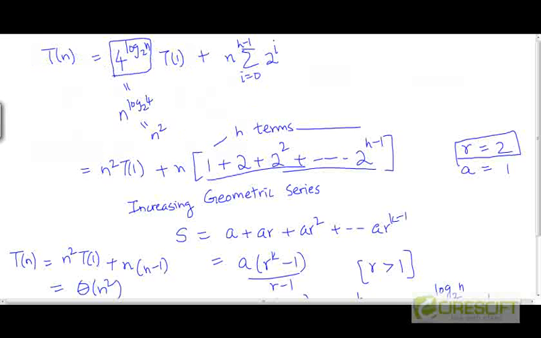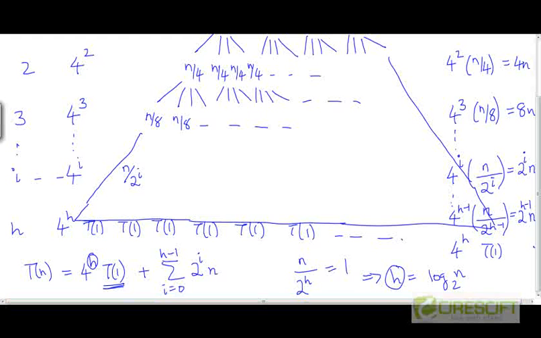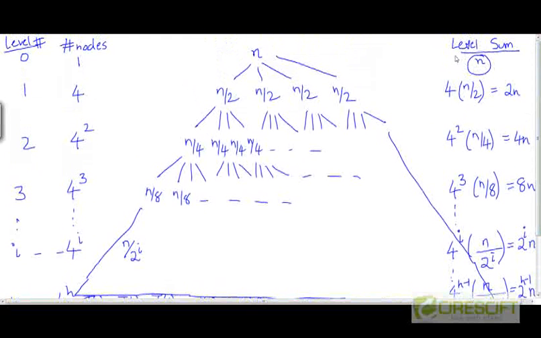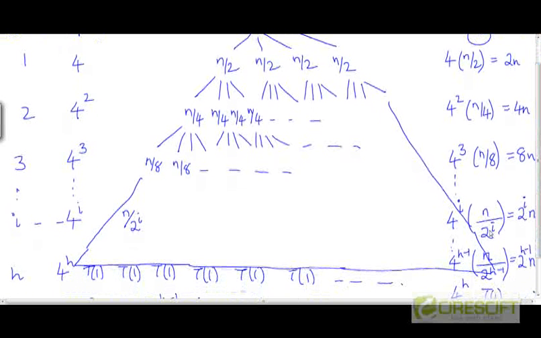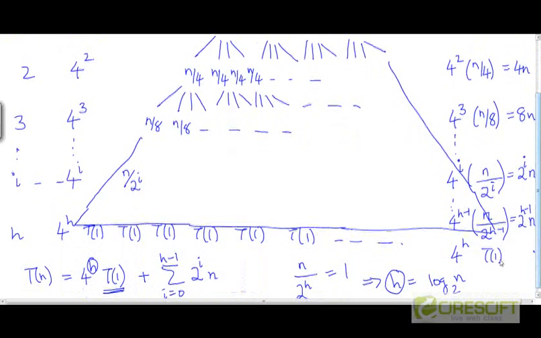In the previous example we saw where we had a decreasing geometric series, the overall asymptotic complexity of t of n was determined by the asymptotic complexity of the first level sum, or the first term in the series. So this is something to note. When you have an increasing geometric series, it's the very last term that's going to determine your overall asymptotic complexity.